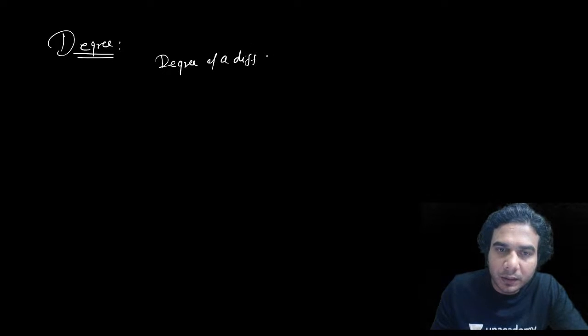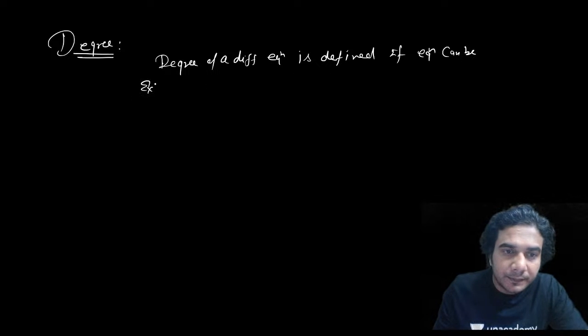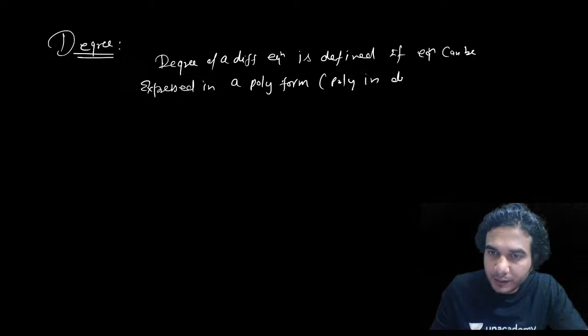So degree of a differential equation is defined. First of all, it might happen that degree is not defined, okay? Degree of a differential equation is defined if equation can be expressed in a polynomial form, polynomial in differential coefficients.